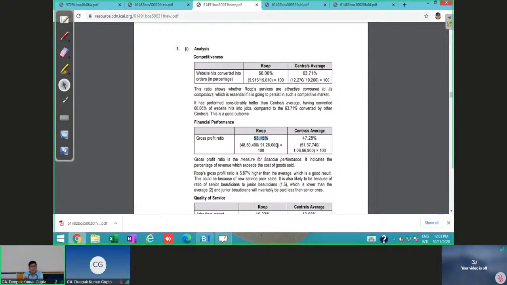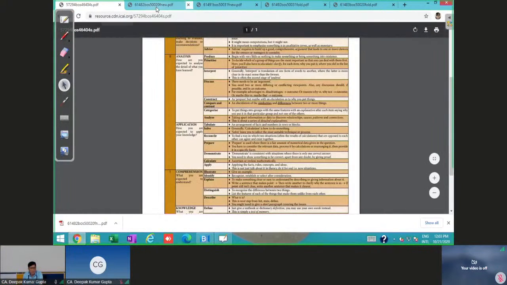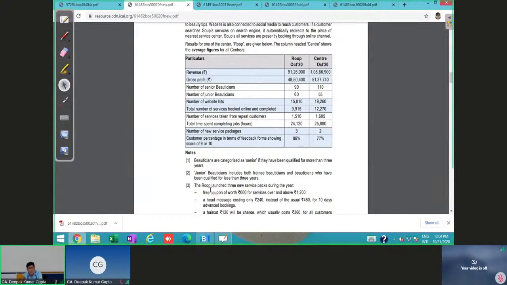It is because Roop launched 3 service packs during the year. Maybe innovation is the reason behind this increase in the gross profit ratio.